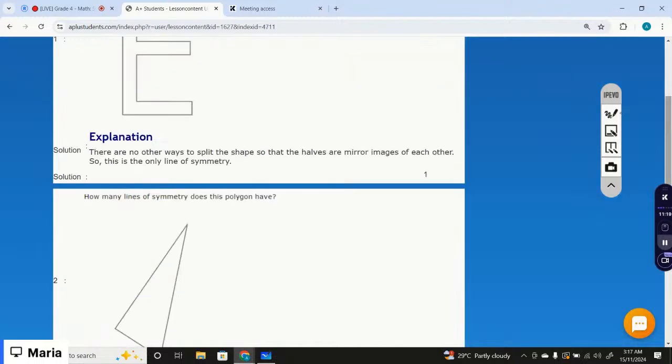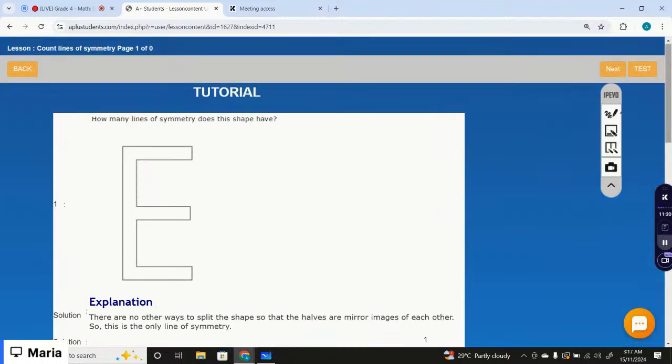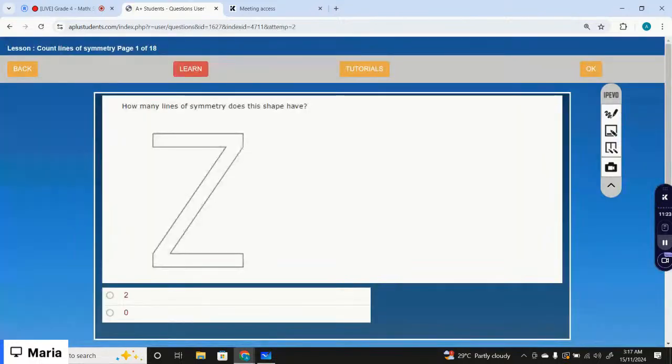Let's just start with the test questions. How many lines of symmetry does this shape have?